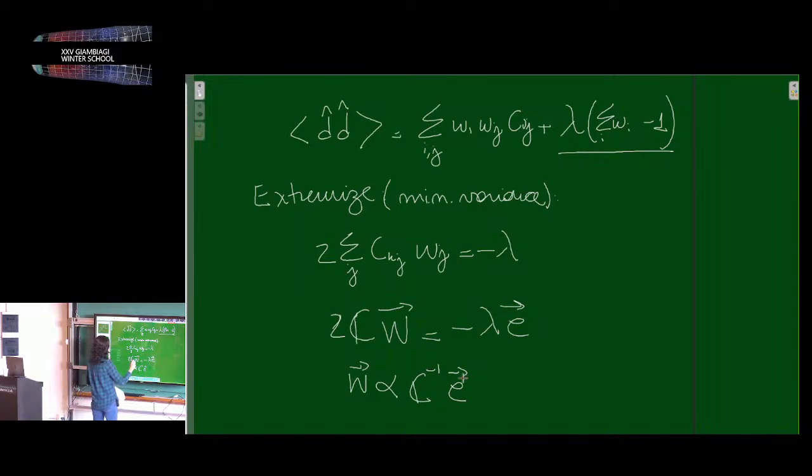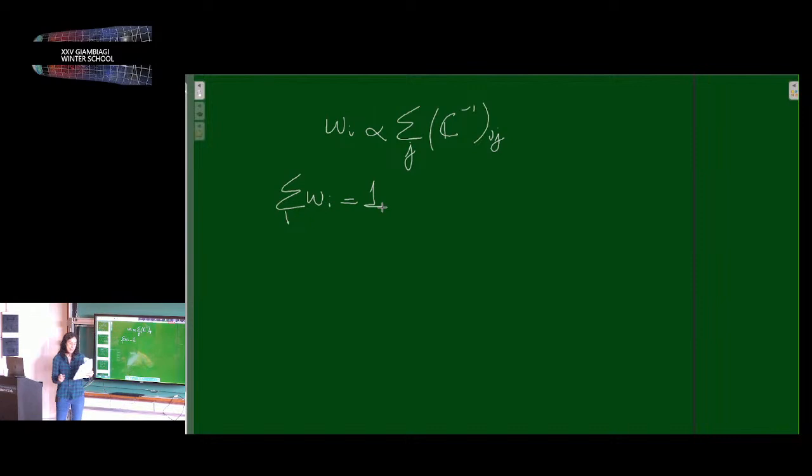Or, going back to index notation, w_i will be proportional to the sum over j of C to the minus 1 _ij. And the restriction that the estimator is unbiased, the sum over the weights equal to 1, normalizes the weights.